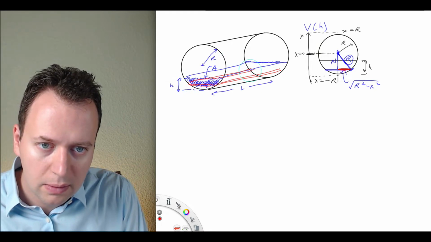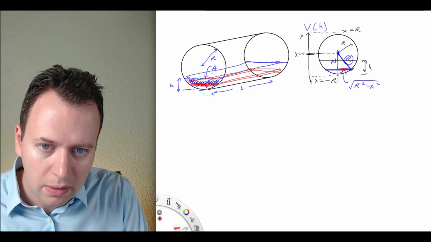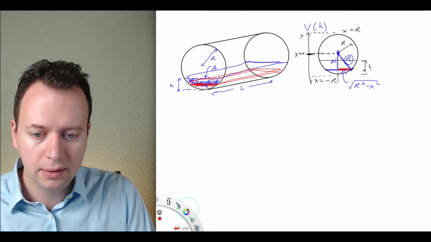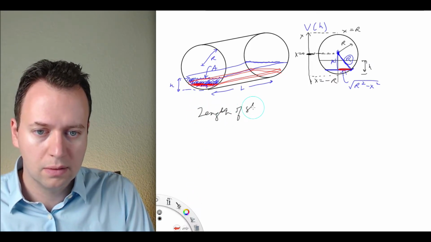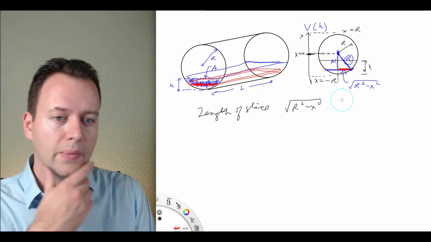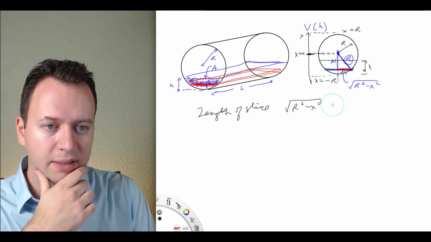So this little piece right here going across, the total length of our slice, is going to be two times the square root of r squared minus x squared. So that's the width across there.